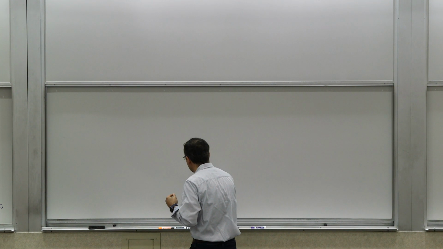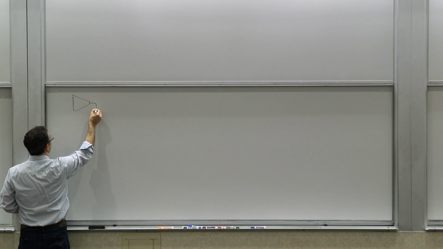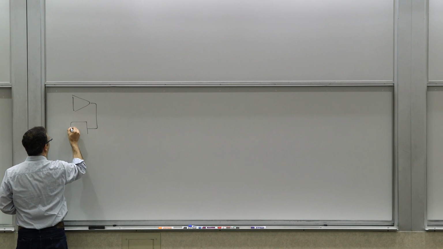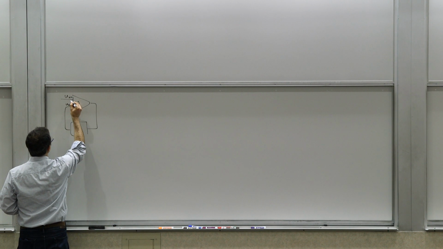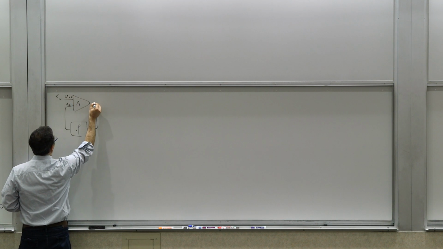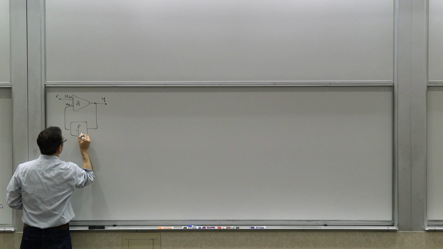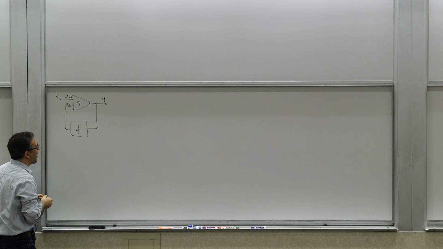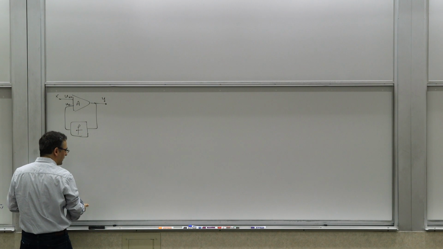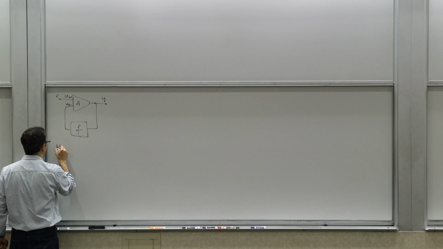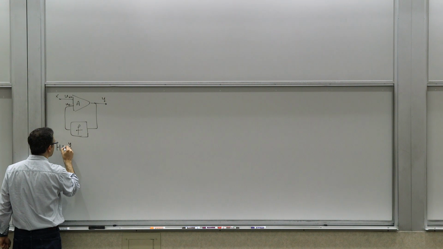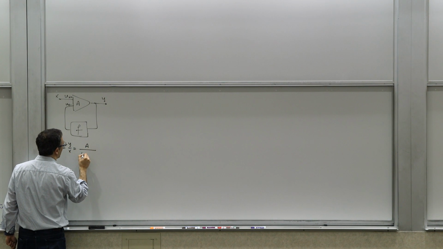Let's look back at the basic, system-level picture of the feedback that we had before. You have this A, and you have F, and you had a UI plus and UI minus. Well, this is kind of a semi-circuit viewpoint. Now, if we determine the closed loop transfer function of this, H meaning Y over X, it was A over 1 plus AF.